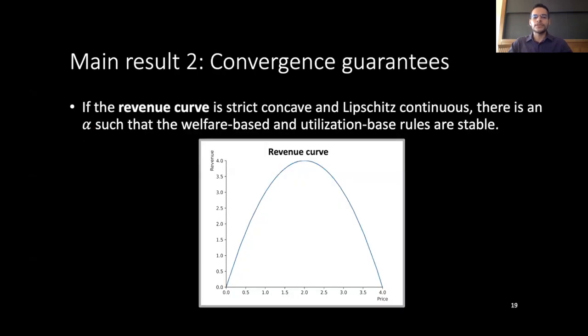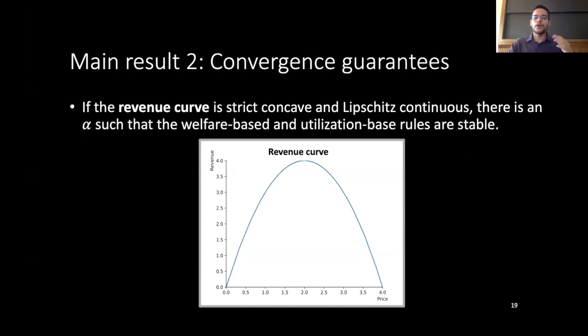Our second result concerns the property of whether our posted price mechanism would actually converge to an equilibrium. In the paper, we give a characterization of a family of dynamic pricing rules that converge, and we give conditions for convergence.